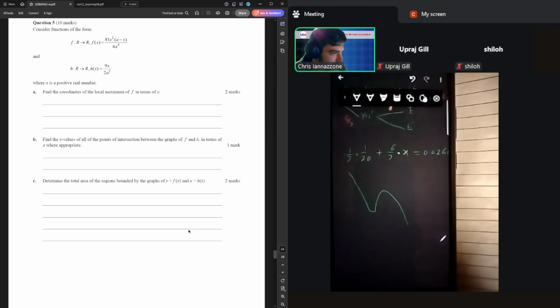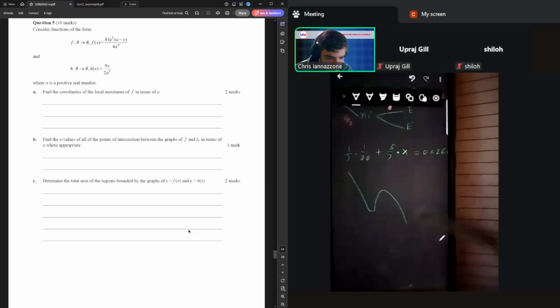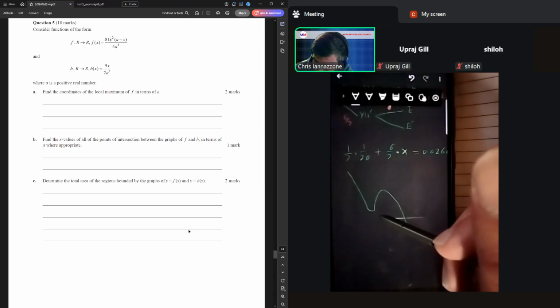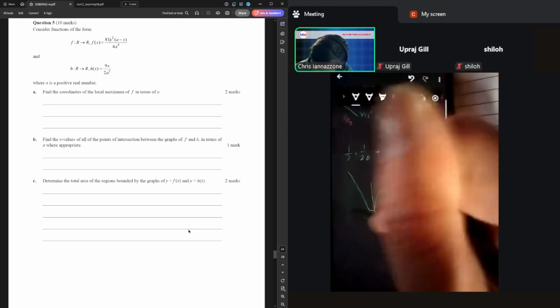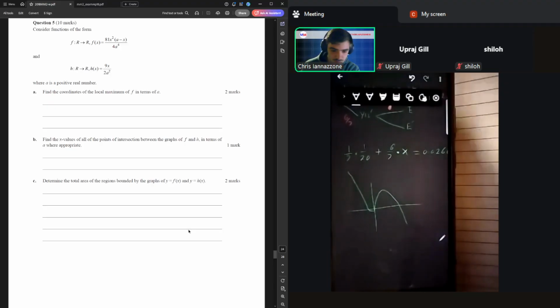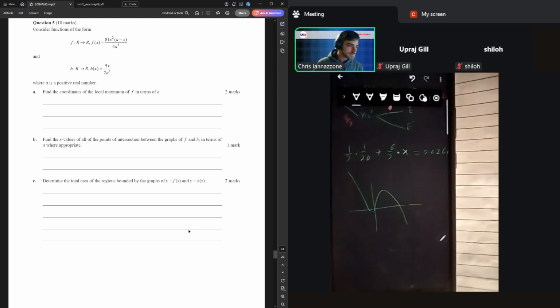Hang on. Yeah, the max will always be after the min. I had a mind blank there. I thought we were trying to find a min for a second. I was like, hang on a minute. Yeah, the max will always be after a min when it's a negative cubic.